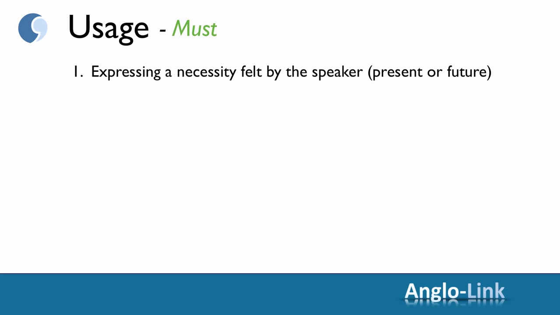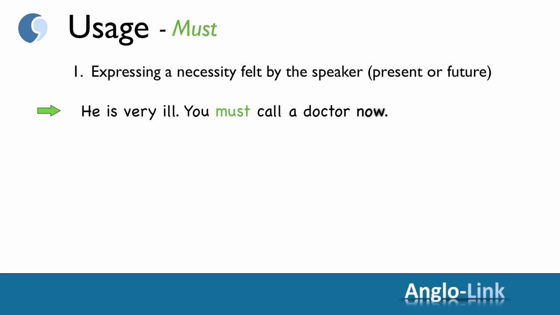Right then, let's move on to must. The first usage is expressing a necessity felt by the speaker. We use must for the present and future tenses. For example, he is very ill. You must call the doctor now.